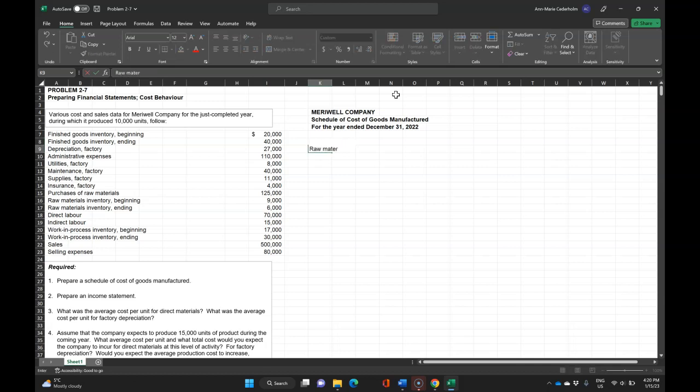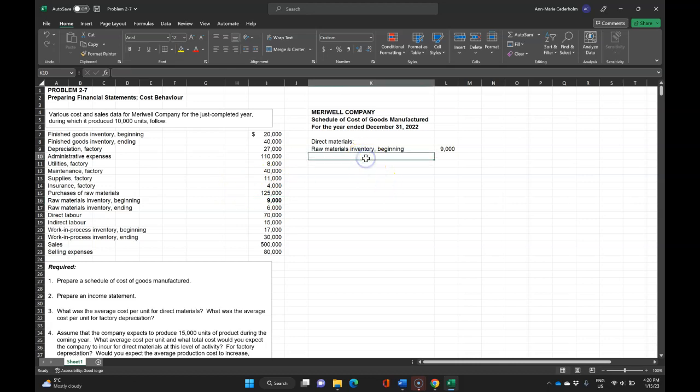So I have my raw materials inventory beginning, and I look through my list and I can see it right here. And I'll just bold this, so once you use the number, you don't use it again. Then I'm going to add my purchases of raw material.